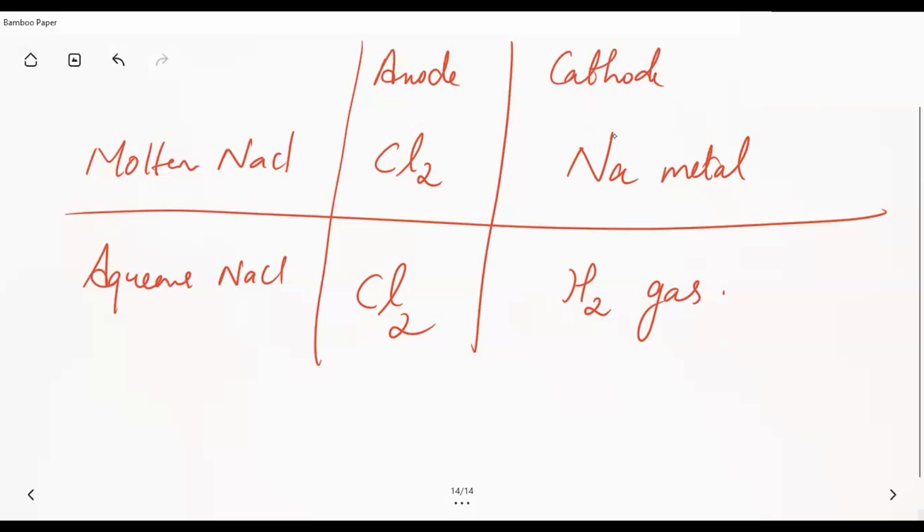So at anode, oxidation: Cl minus will release 1 electron and become Cl. To make it balanced, write it like this. Then what is the reaction at cathode? Sodium ions will gain electrons and become sodium metal.